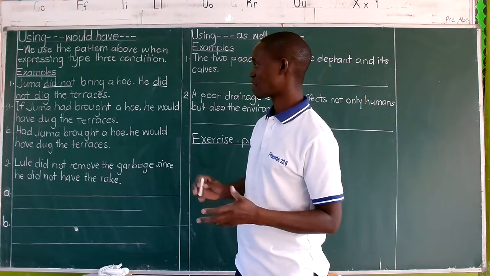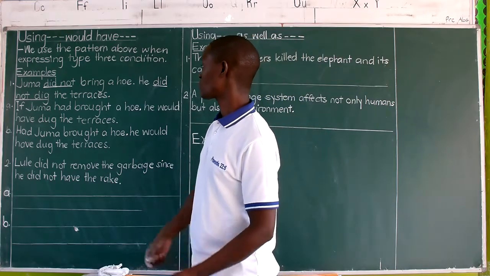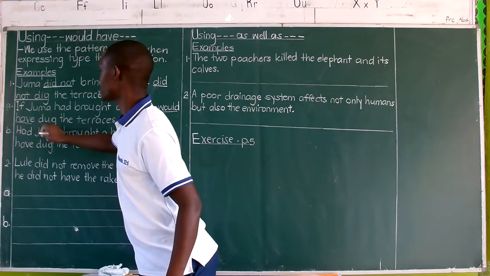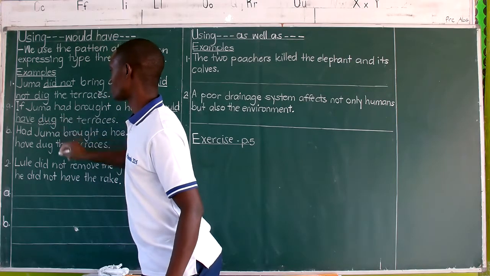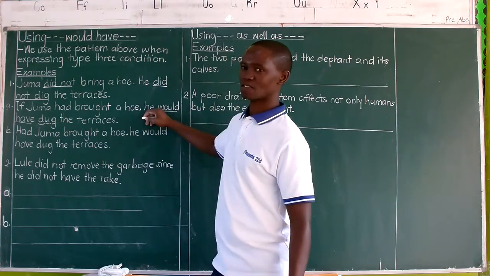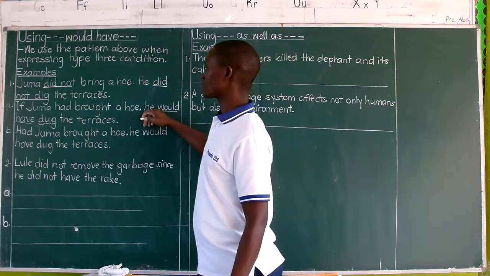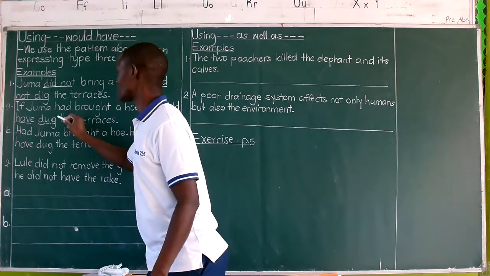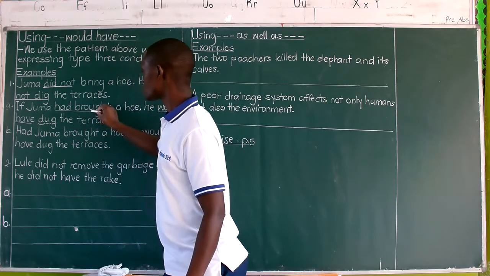And that is our expression in if 3. Would have, as you see here, is followed by a past participle verb from dig, which is dug. Then this side of the if clause, we have a past perfect as usual, had brought.